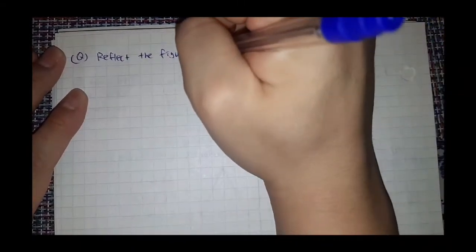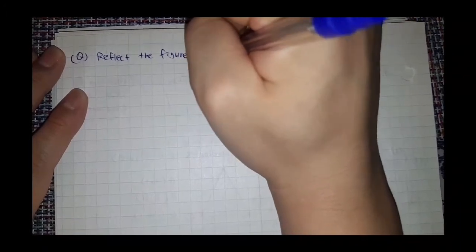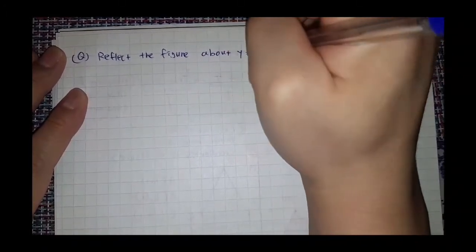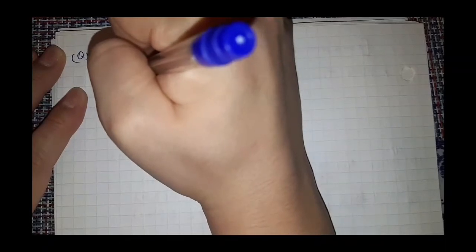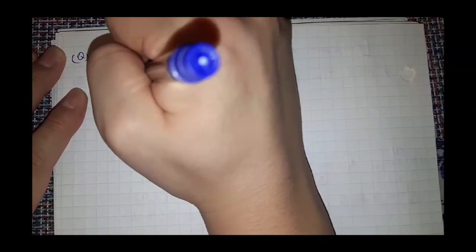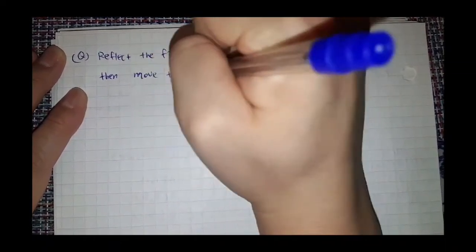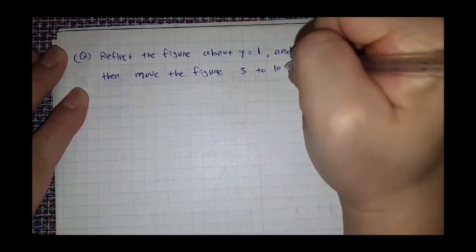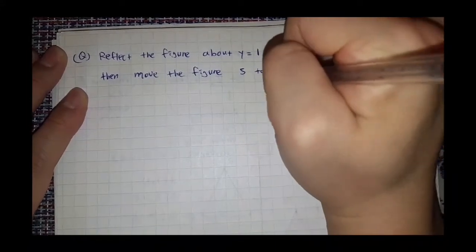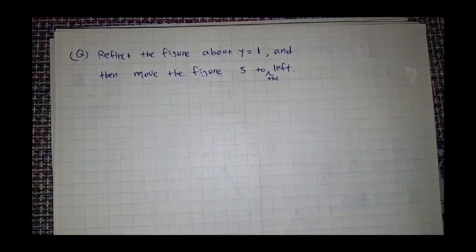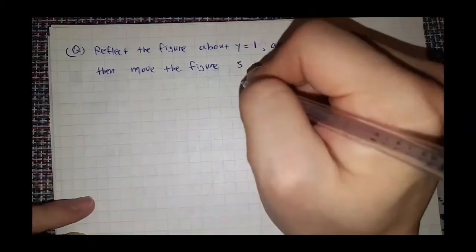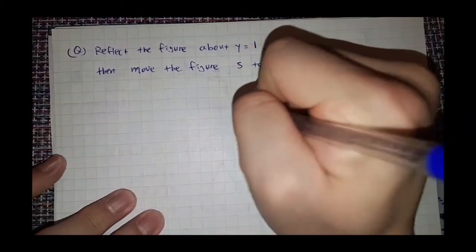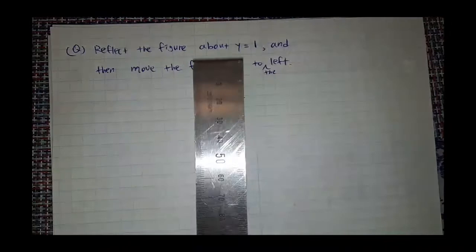Reflect the figure about y is equal to 1, and then move the figure 5 to the left. 5 to the left. There you go. Imagine we have the conditions first. Now, let's draw.